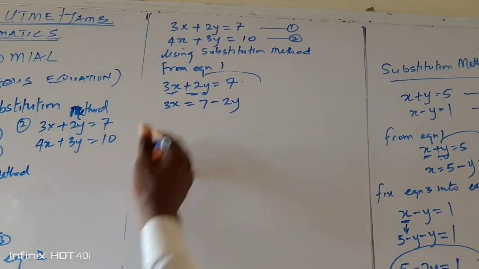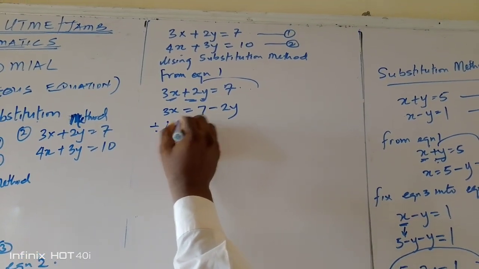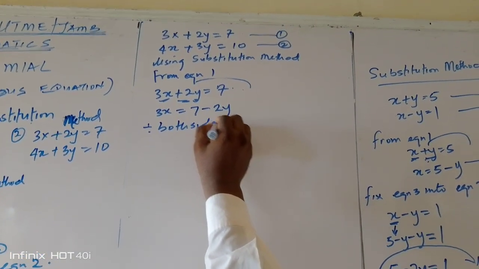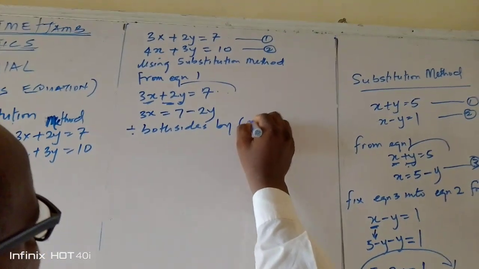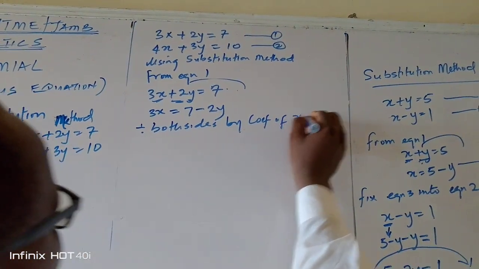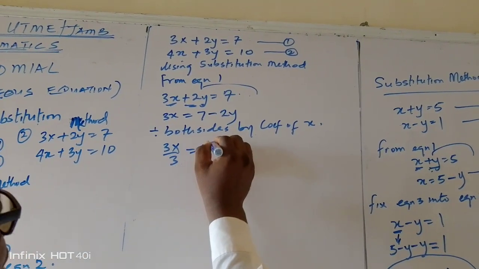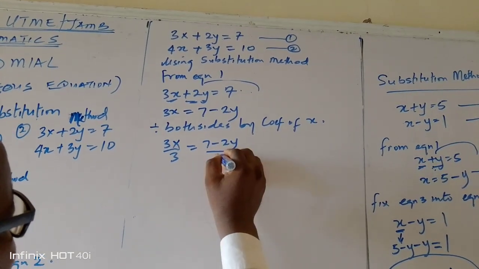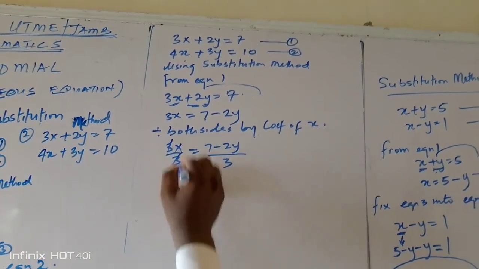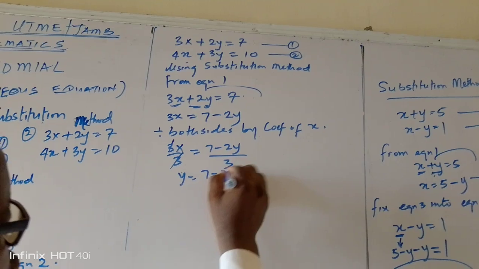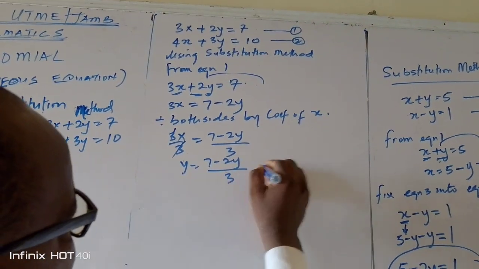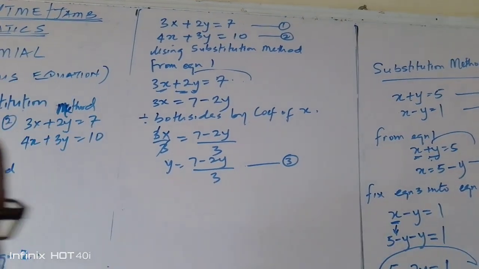It's this 3x. So I will divide both sides by the coefficient of x. So I will have 3x divided by 3 equals 7 minus 2y, everything divided by 3. So this cancels, and my x is equal to 7 minus 2y all over 3. This becomes my equation 3.